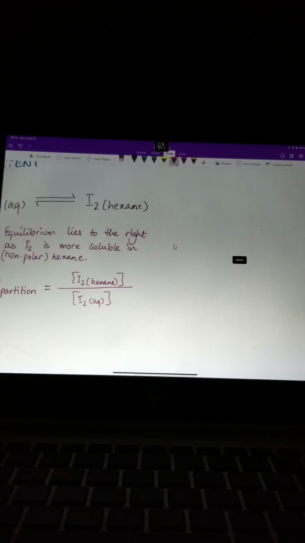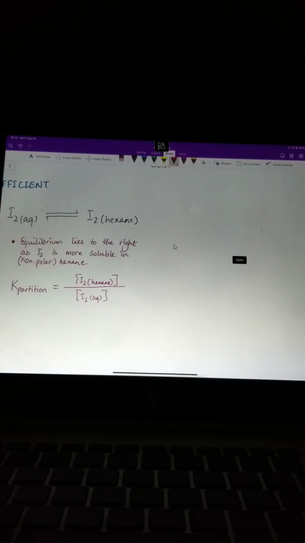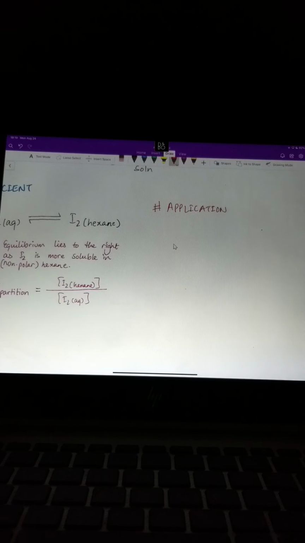It's going to be used in, one, solvent extraction. Have you heard of that?